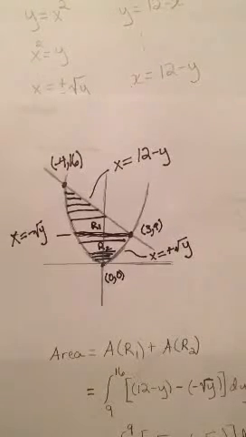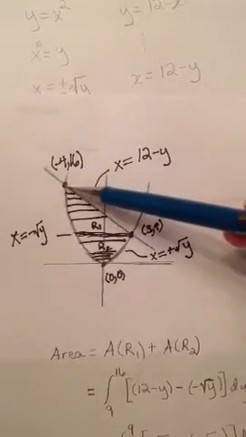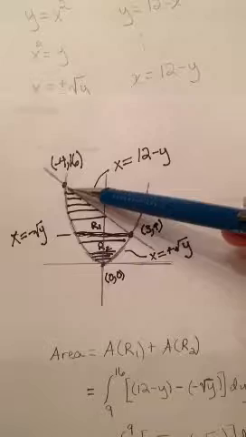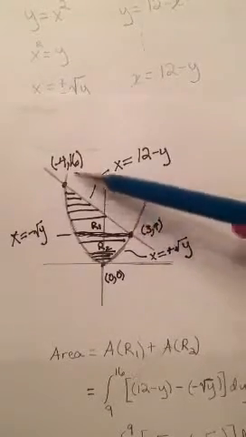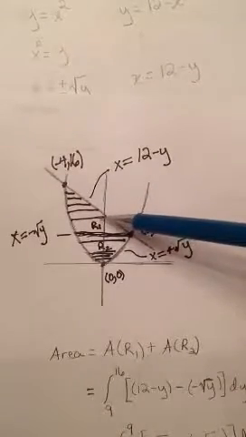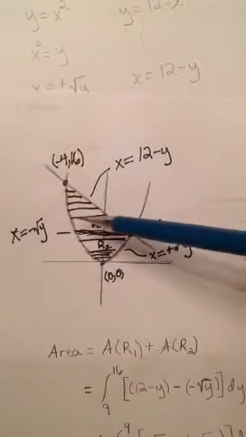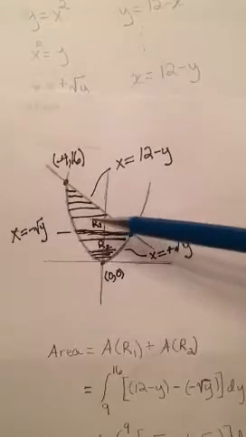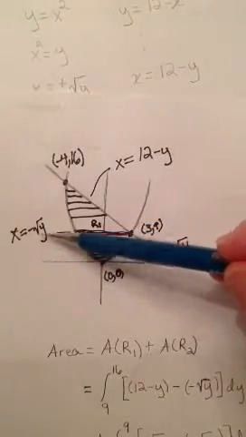Moving from left to right, at the top we have negative 4, 16, and as you proceed, notice we have x is equal to 12 minus y, our linear function, and for this activity it is going to be perpetually to the right of the left-hand side of the parabola, which in this case, since it is to the left of the y-axis, will be where x is equal to negative square root of y.